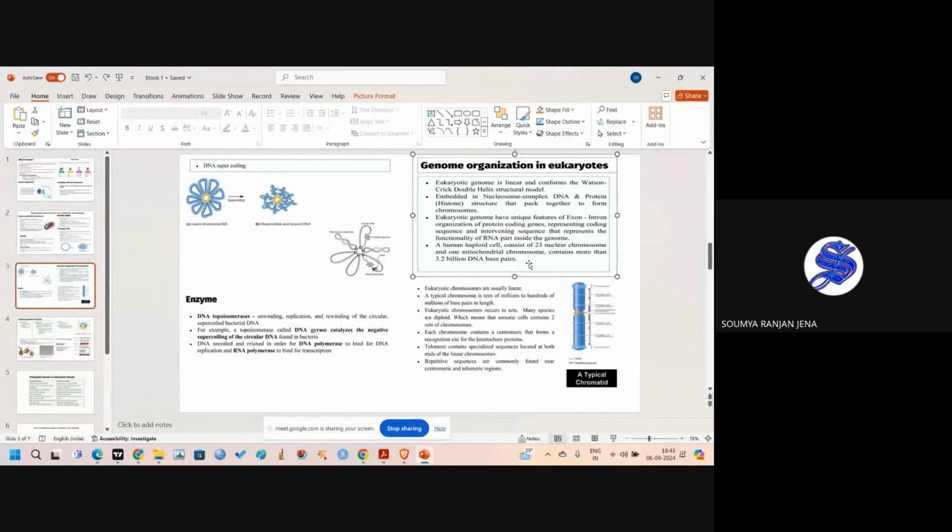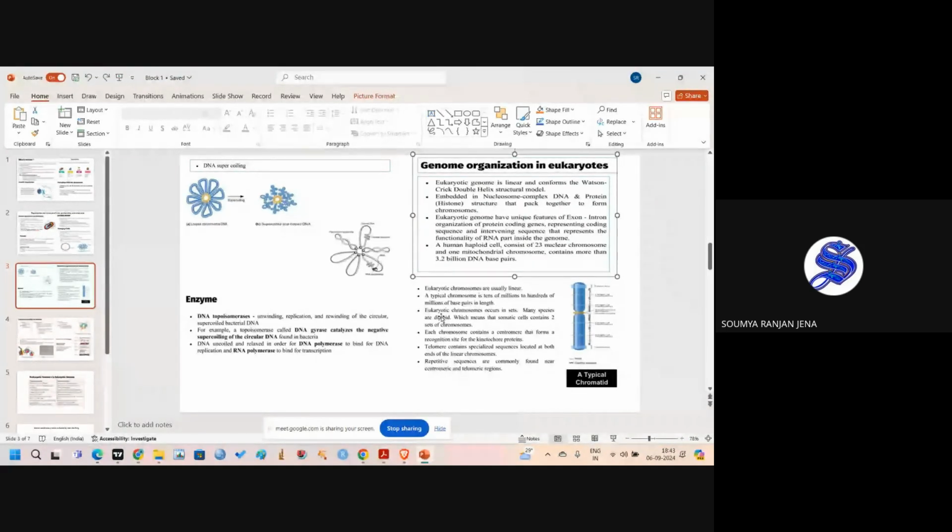Then if we go to the structure of the chromatid, this eukaryotic chromosome is usually linear in structure, and a typical chromosome is tens to hundreds of millions of base pairs in length, as I previously described, as it contains more than 3.2 billion DNA base pairs. And eukaryotic chromosomes occur in sets.